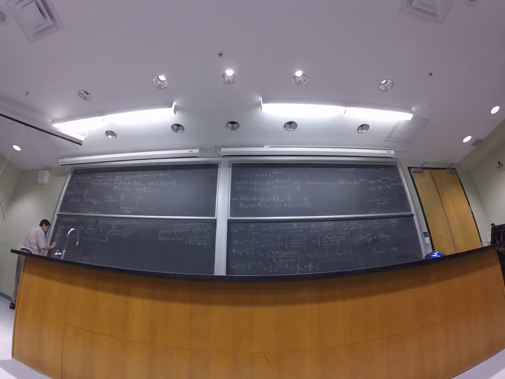Log of the magnitude of GC of I omega is going to be log of that ratio, which is log of the absolute value of k. Log of a ratio is the difference, right? Minus log of square root of 1 plus omega squared tau squared. Clear, everyone?